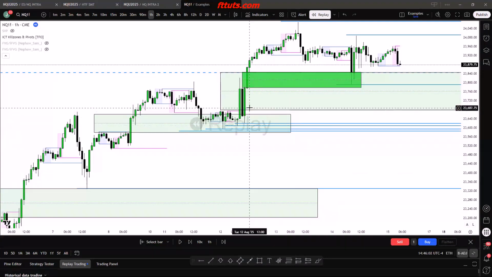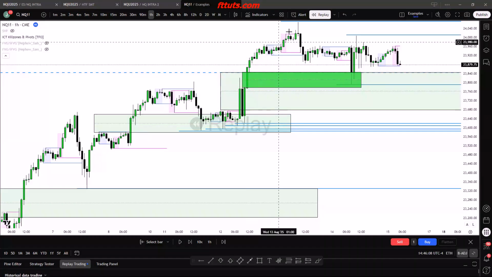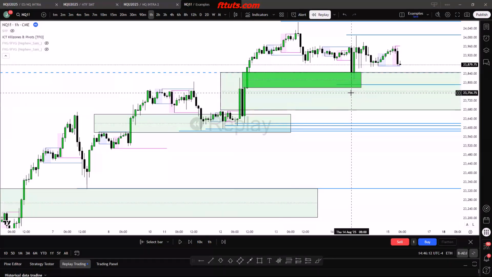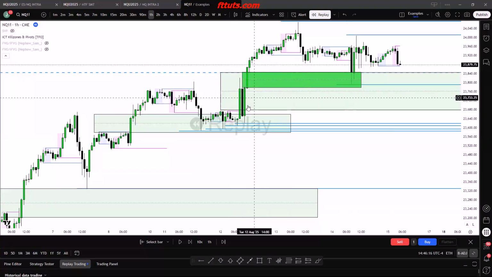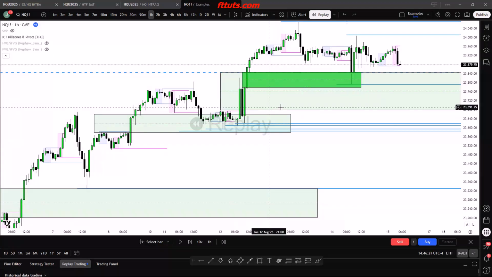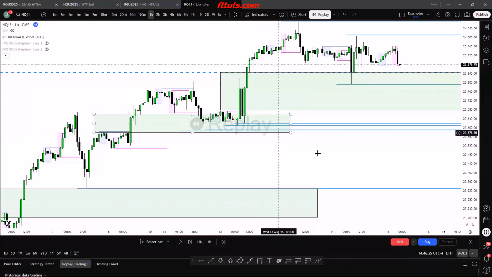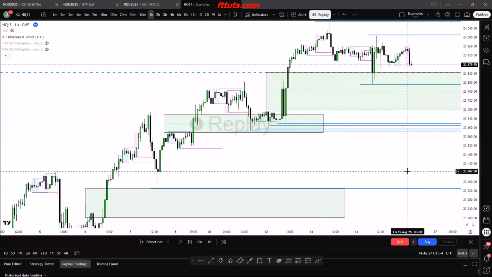Okay, but the higher time frame is lower. And we have a nice order block right here before the move higher. So this can easily be support. If we break this 1 hour fair value gap, we could definitely find support in this order block because the higher time frame fair value gap is all of this, not just that. And that's why it's so important to check your higher time frames.